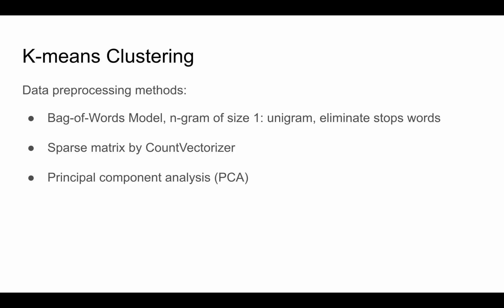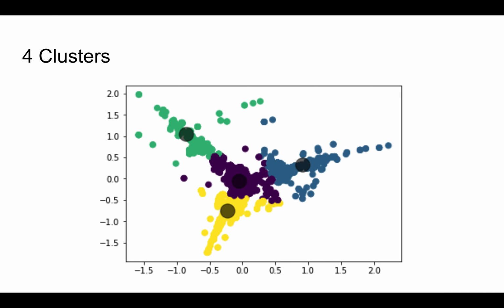For visualization purposes, I'm using PCA to reduce the dimension because the size of the vector is around 3,900 unique words. So to plot in 2D, I have to use PCA. And here's the k-means cluster. In this case, as you can see, I have 4 clusters.